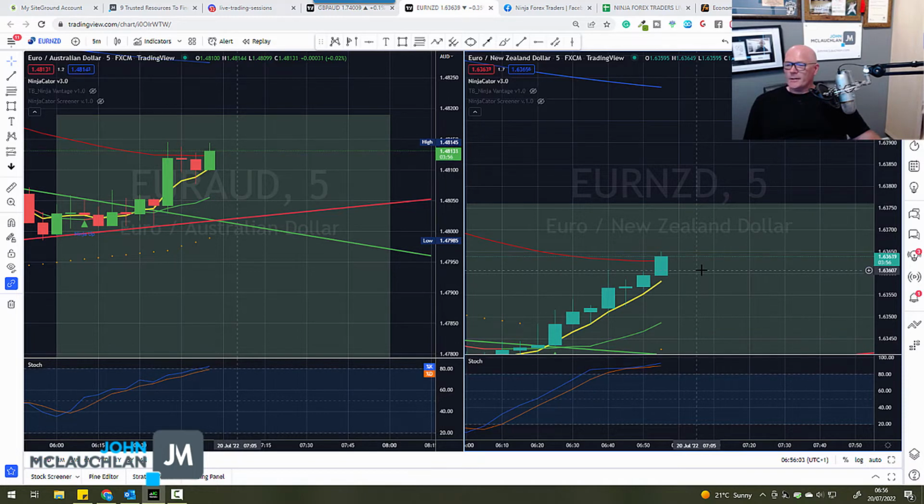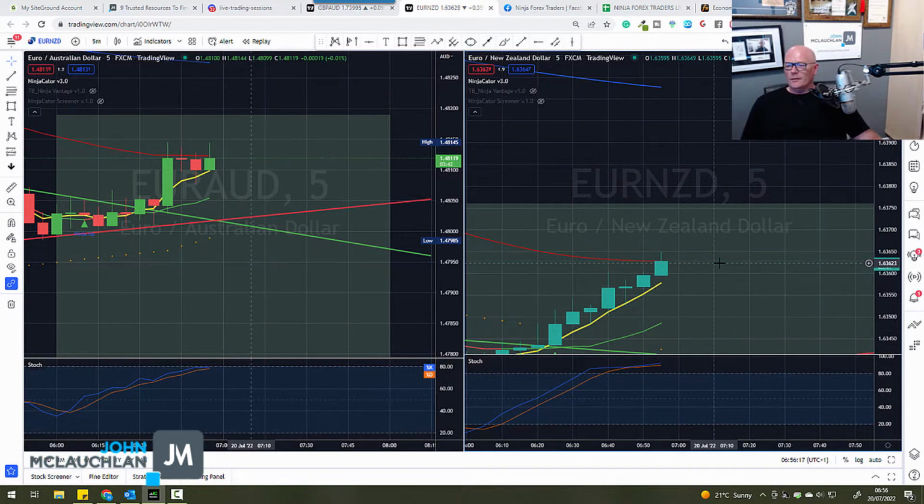Now we can use the exit manager, and using something like the exit manager we could have taken partial profits and then had a risk-free trade all the way up to here, or with the exit manager what you have is a moving stop loss, so the stop loss will move with you, so we could use that to take more profits, take 50% profits out, let the rest of them ride.